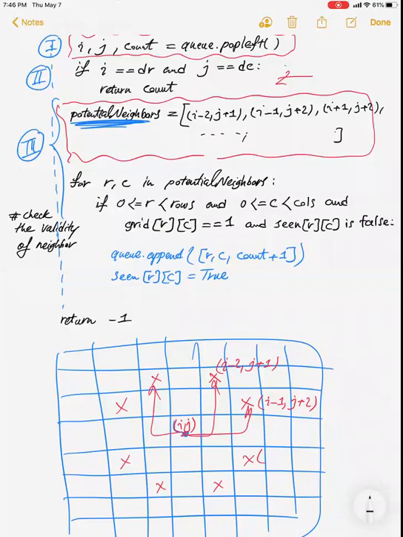We can define lots of scenarios for movements, but nothing will change. Only your neighbors will change, and you have to implement that scenario. Only updating the potential neighbors will be changed. That's it. Any question for this part?